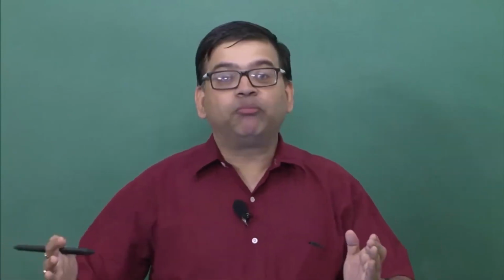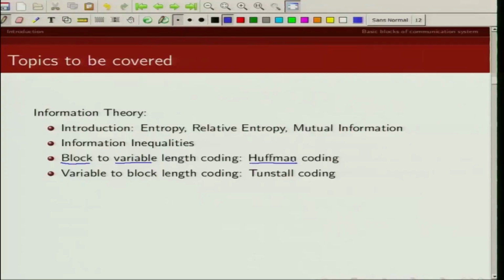So we can get compression if we take a block of data and represent blocks which are happening more frequently by a lesser number of bits, and blocks which are happening less frequently by a larger number of bits. In that way we can reduce the number of bits required to represent a source. So we will talk about optimal block to variable length coding, which is Huffman coding.